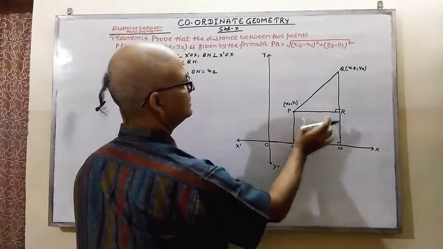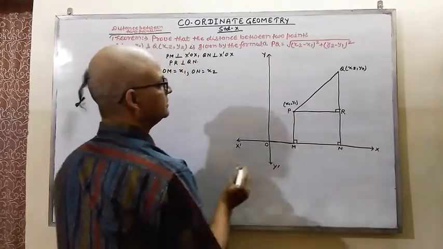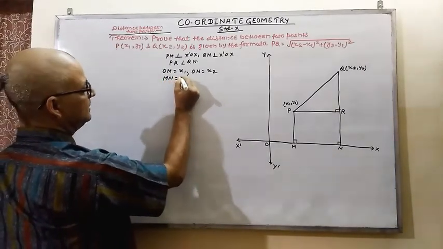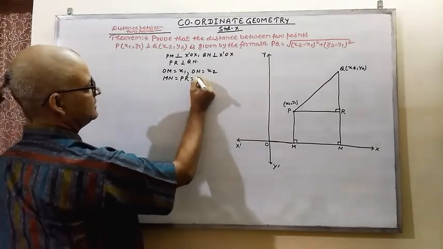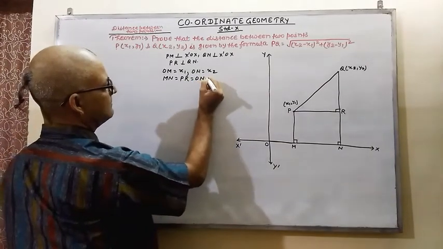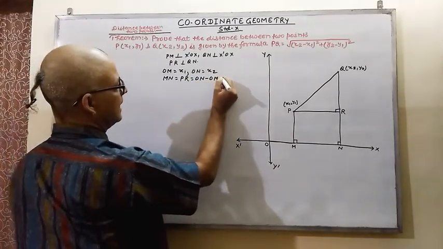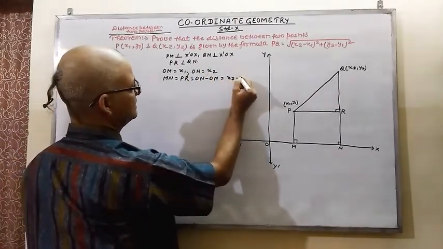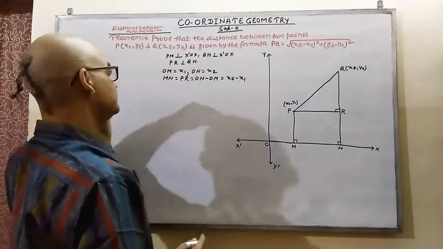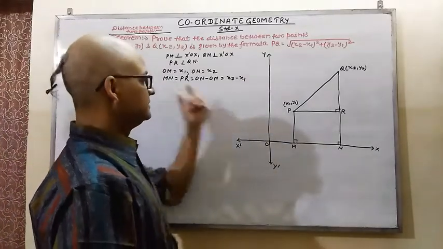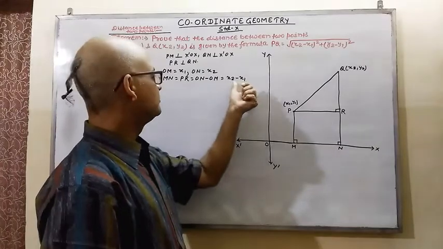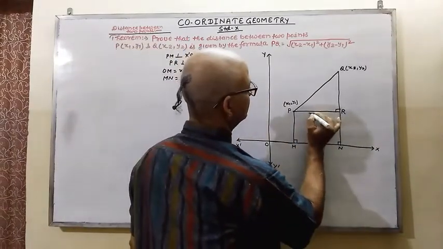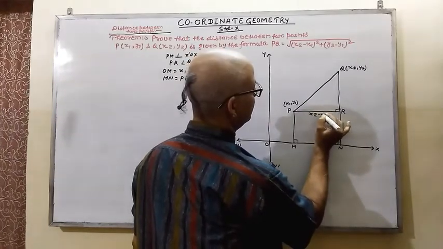And MN is equal to PR. So PR is equal to ON minus OM, and ON is how much? x2. So this is x2 minus x1. It means MN is x2 minus x1, and that is equal to PR. So now we can write this distance is x2 minus x1.